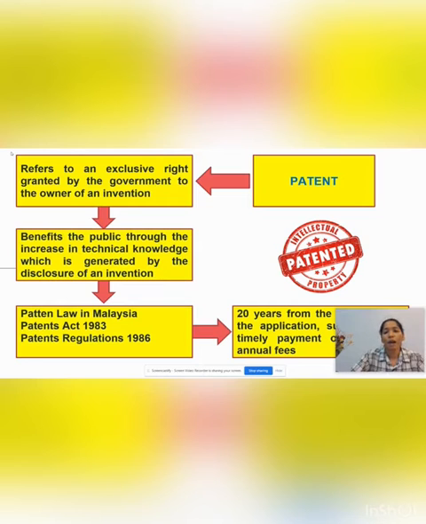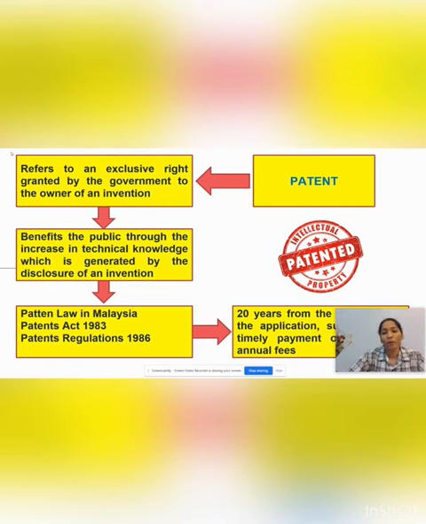The Patent Act 1983 and the Patent Regulations 1986 are two sets of laws that govern patents in Malaysia. The duration of a patent is 20 years from the filing date of the application, subject to the timely payment of the prescribed annual fees.